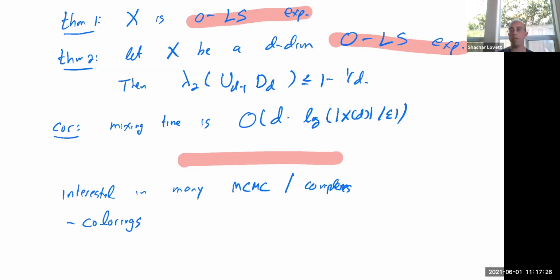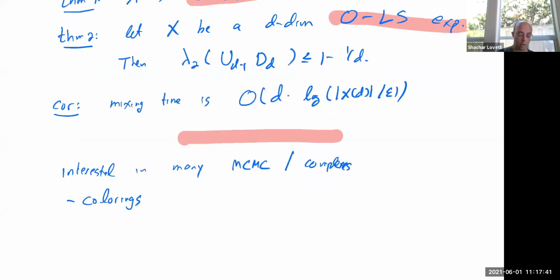So you have a graph and you want to color its nodes with a certain number of colors, I don't know, 3 colors, so that this will be a valid coloring. Now if you take this complex, it will not be a zero local spectral expander. Also, maybe another one here is cliques. I want to sample cliques in a graph of a certain size.